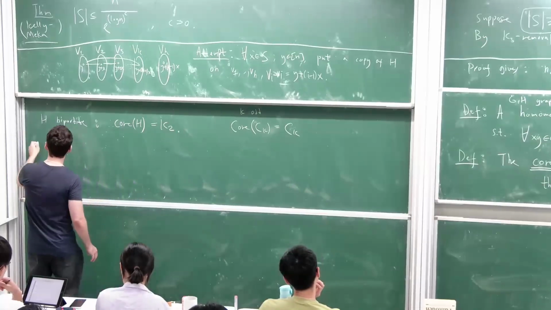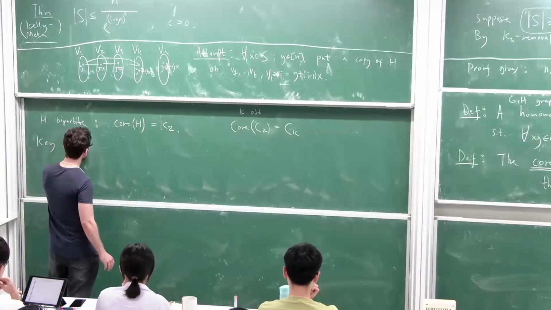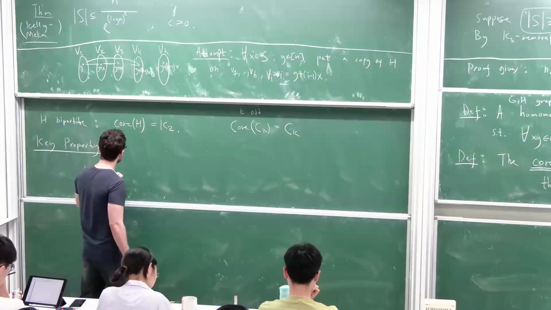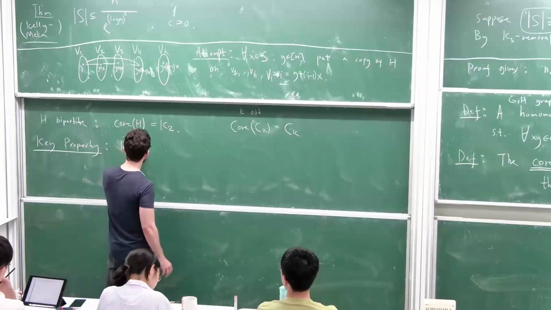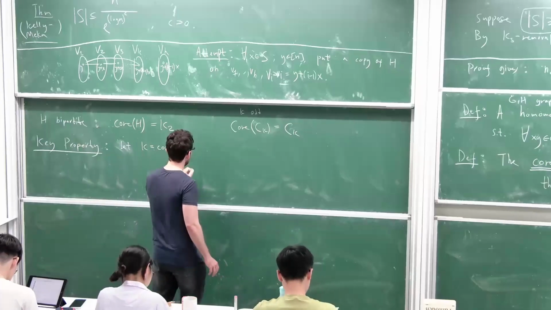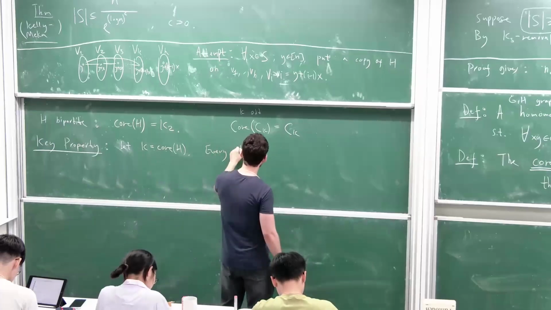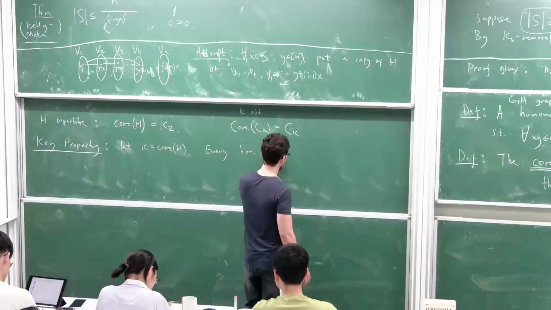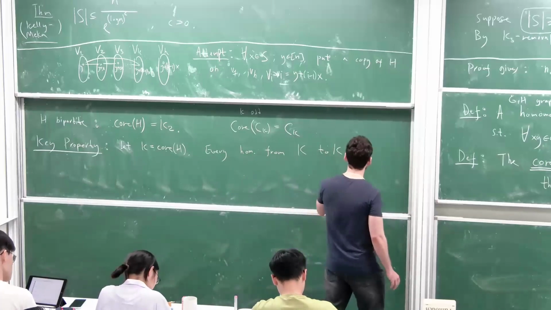Now the key property you're going to use is that, let's say K is the core of H, then every homomorphism from K to K is an isomorphism.